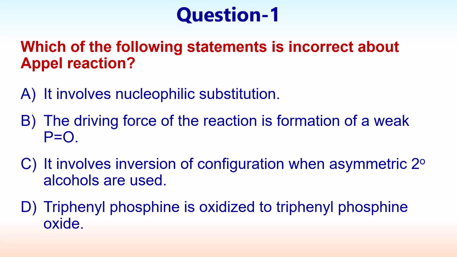Option C, it involves inversion of configuration when asymmetric secondary alcohols are used. Option D, triphenylphosphine is oxidized to triphenylphosphine oxide. Choose the correct option and post it in the comment section.